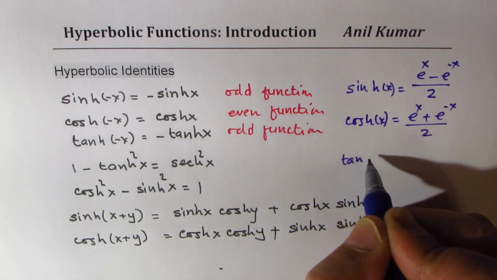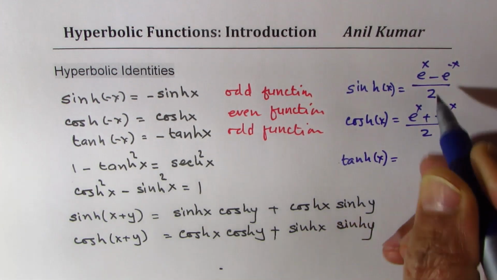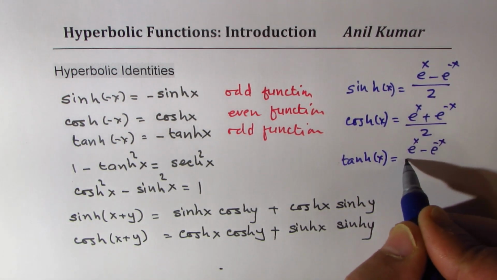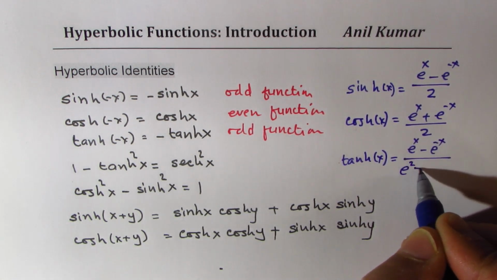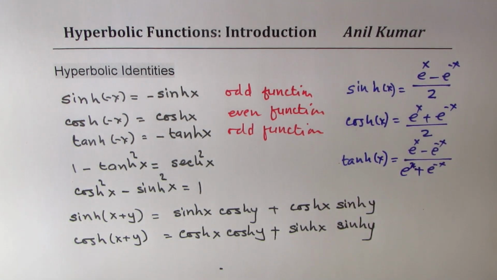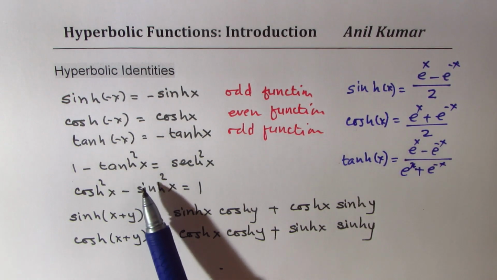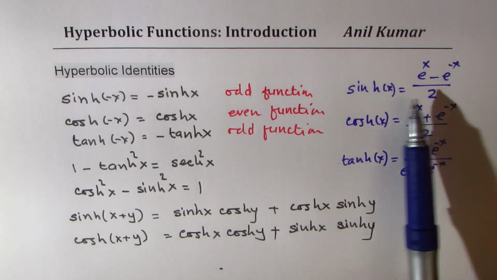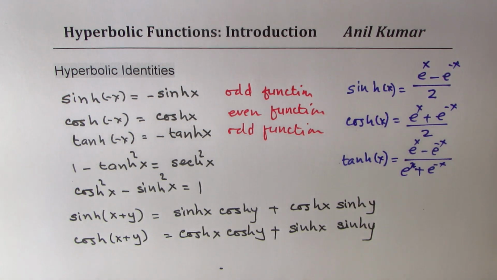And tan hyperbolic x is equal to the ratio of these two, right? e to the power of x minus e to the power of minus x by their sum. Right. So to prove these identities, we can actually substitute the exponential form, right? And then we can show that left side is equal to right side.